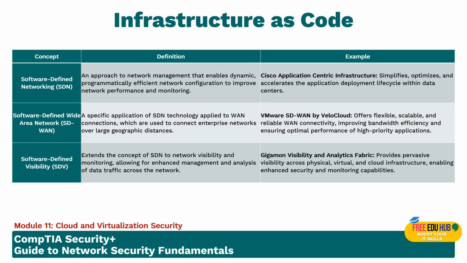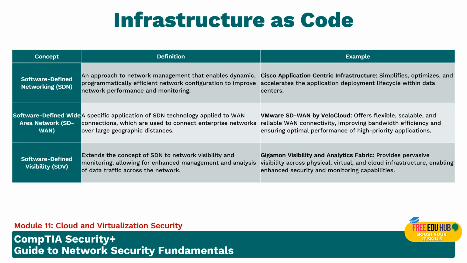Then we have software-defined wide area network, SD-WAN, a specific application and technology that is applied to WAN connections, which are used to connect enterprise networks over large geographical distances. An example could be VMware SD-WAN by VeloCloud.